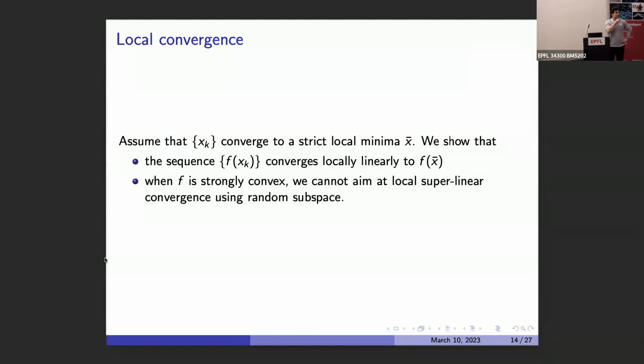The problem is that for a first order method, if you can compute the gradient, it's not useful, because the first order equivalent of this method will be xk plus 1 equals xk minus P transpose P times the gradient. So you have this extra step of computing P transpose P. However, if you cannot compute the gradient, then you can use a zero order method to estimate the gradient on the random subspace.